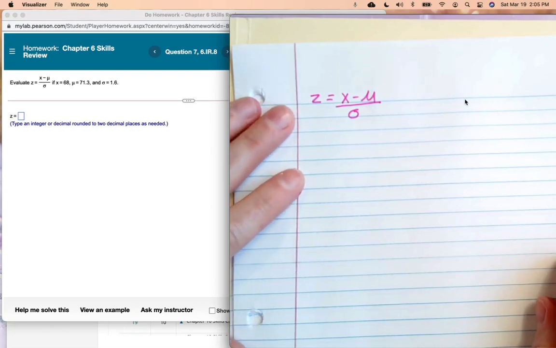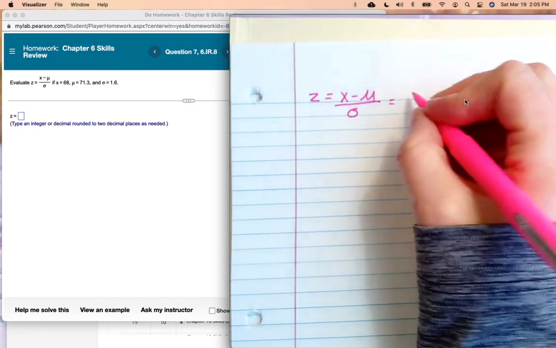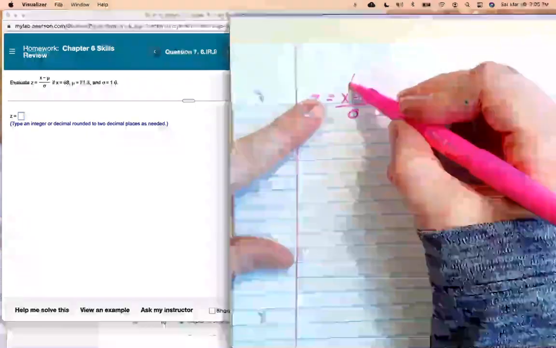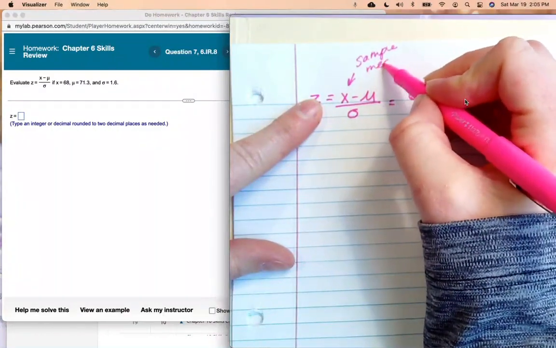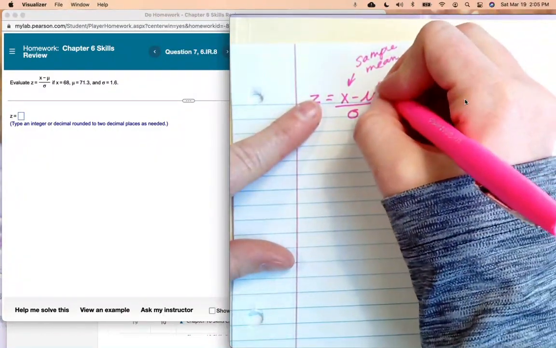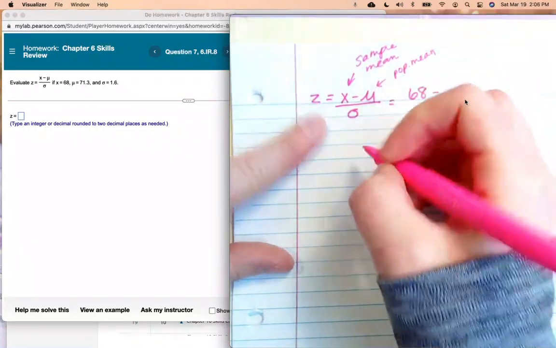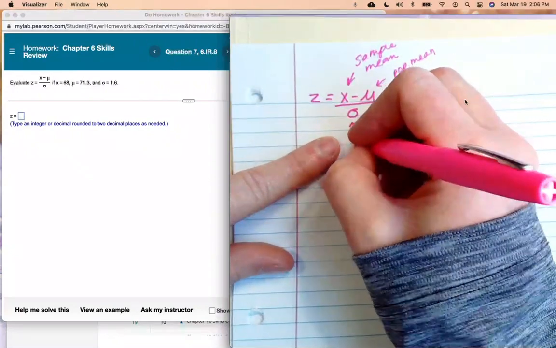So we're going to plug in what we have. If x is 68, minus the population mean. This is our sample mean, mu is our population mean, and sigma is our standard deviation.